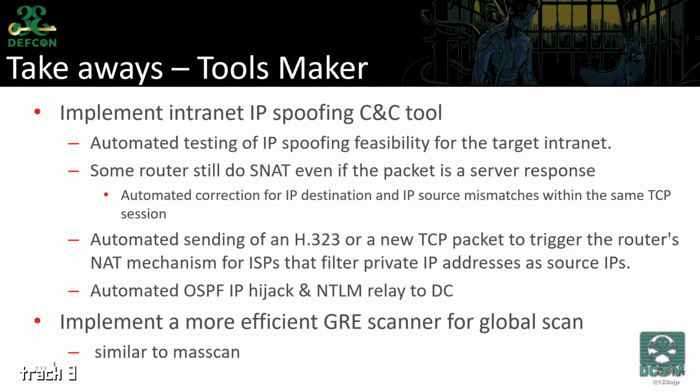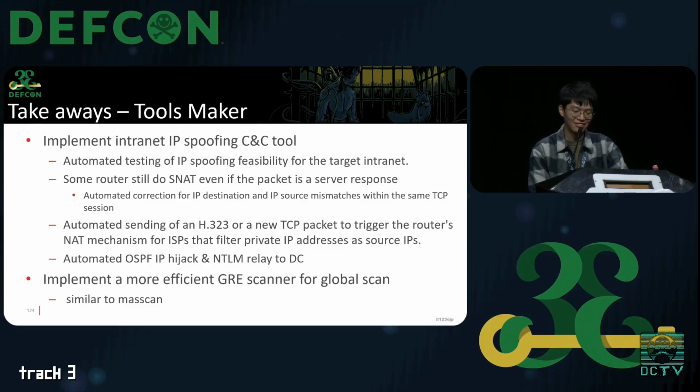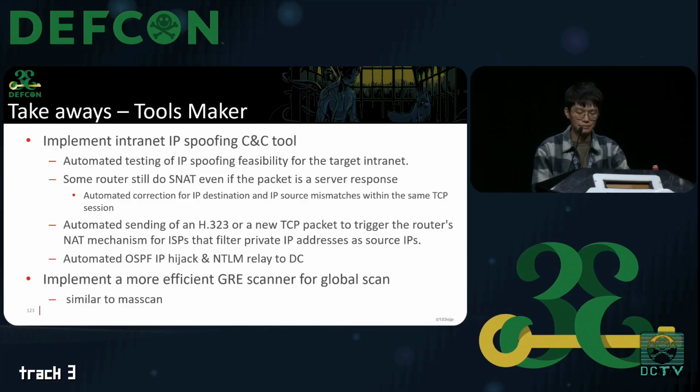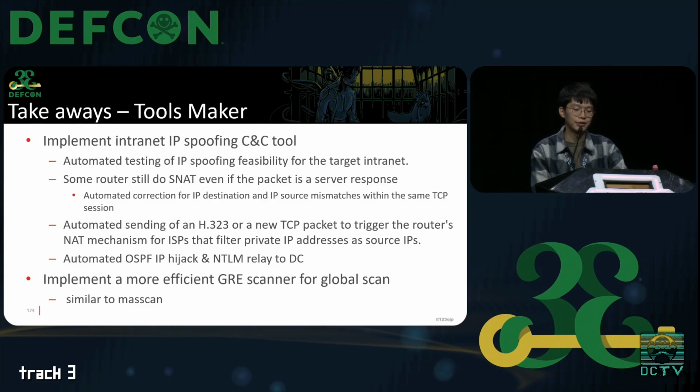And here are some key takeaways for tool makers. First, implement intranet IP spoofing in command and control tools. Develop automated tools to test the possibility of IP spoofing within a target intranet. Automation saves time. Create an automated correction mechanism for mismatch between destination and source address in the same TCP session. Some routers still perform SNAT even if the packet is a server response.